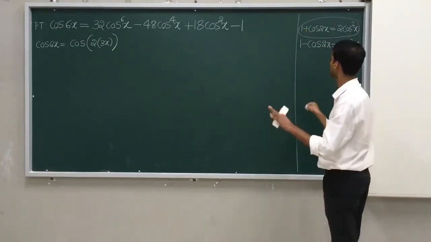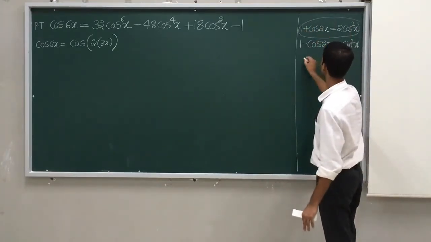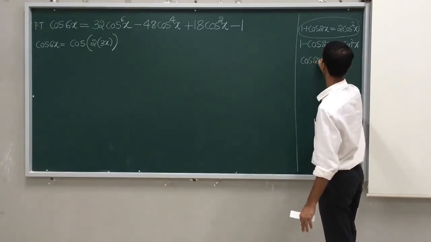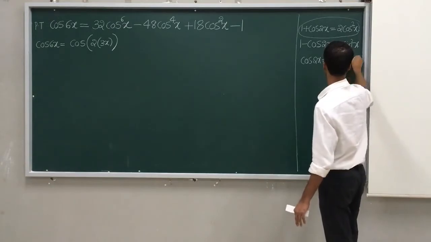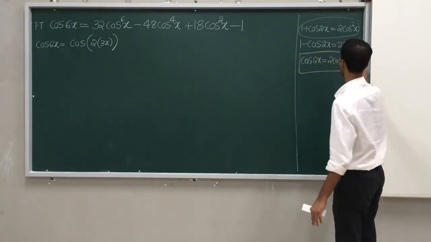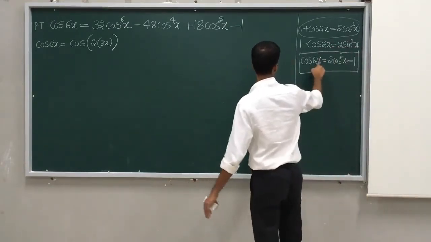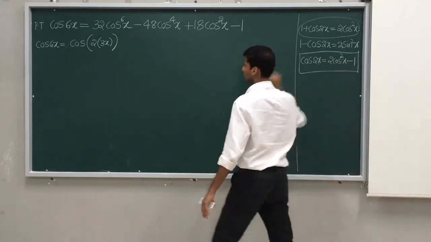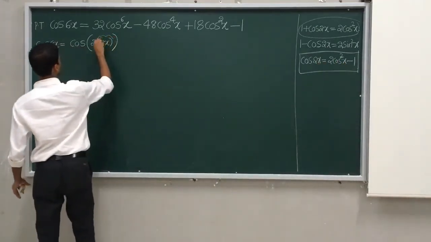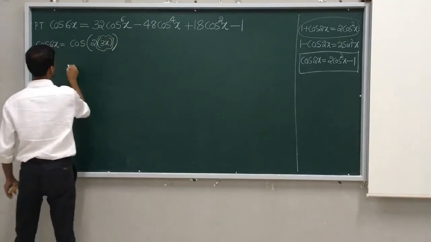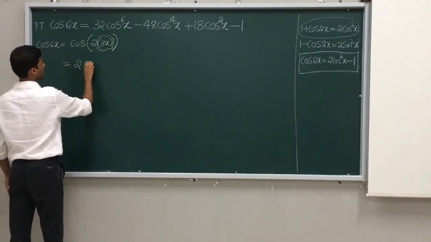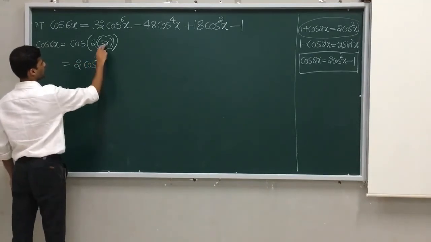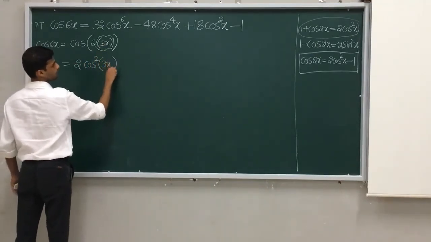Just to check, what is cos 2x? Cos 2x is nothing but 2 cos square x minus 1. But in place of x, what do you have? You have here 3x. Therefore, I will write cos 6x as 2 times cos square of 3x minus 1.